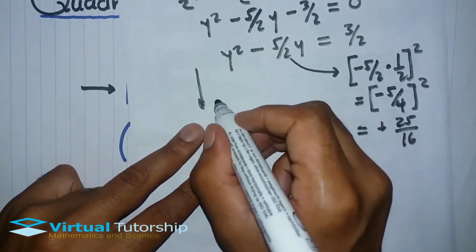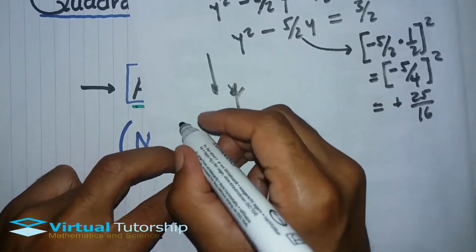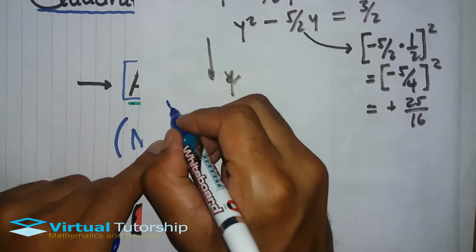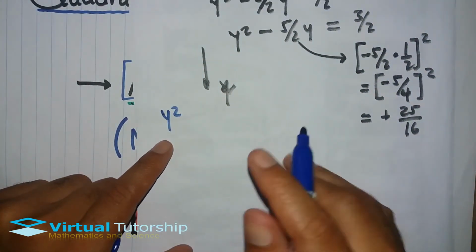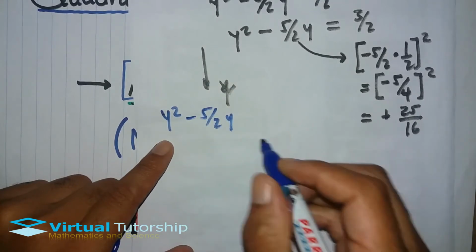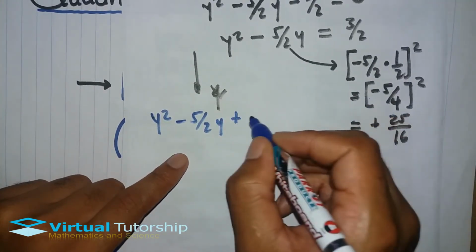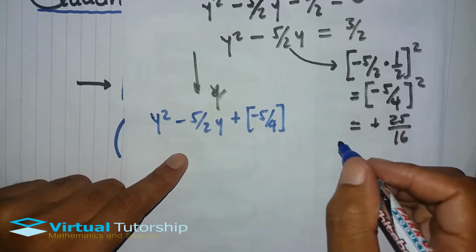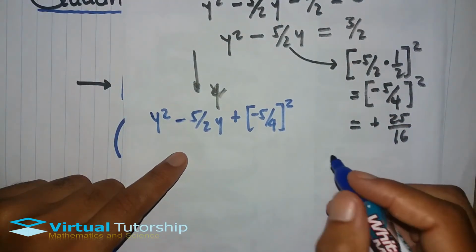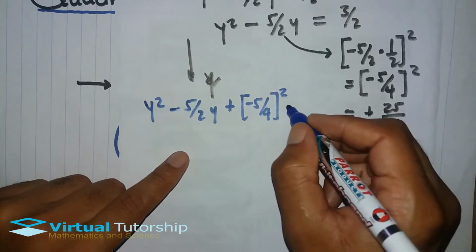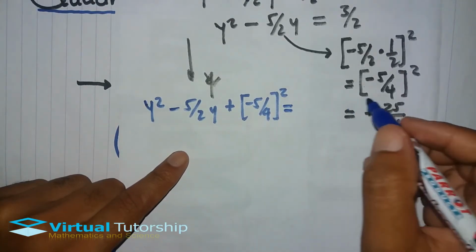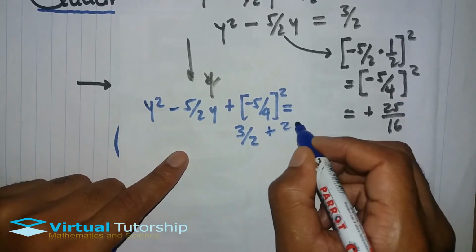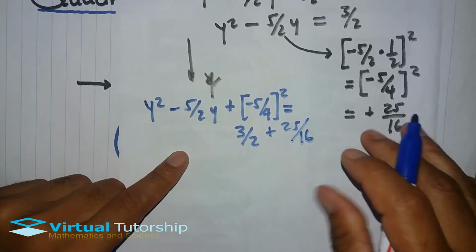So when I go back, I will write it here. It's going to be y squared minus 5 over 2y plus this value we add on the left hand side, minus 5 over 4, all squared, everything squared, equal to, then on the right hand side, 3 over 2. On the right hand side we add the 25 over 16.